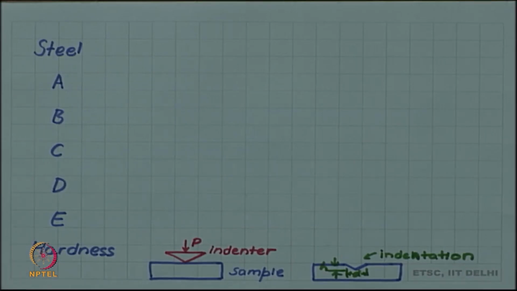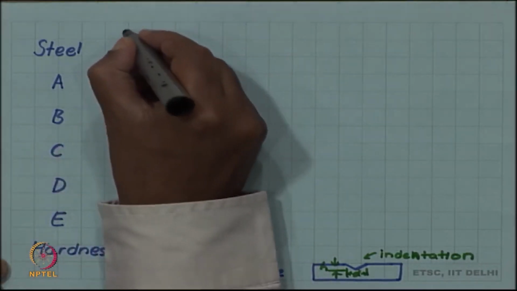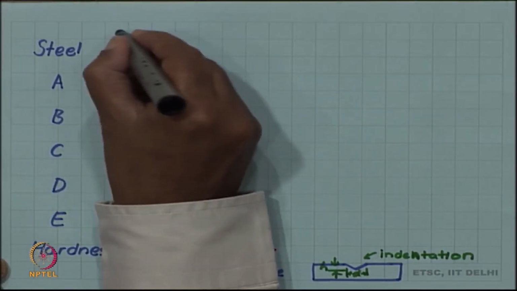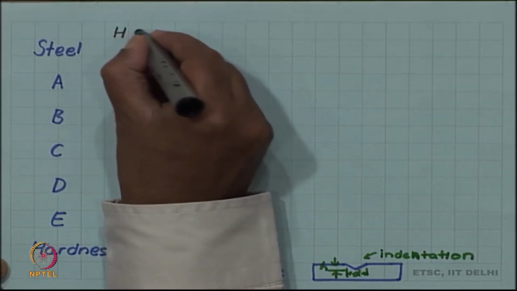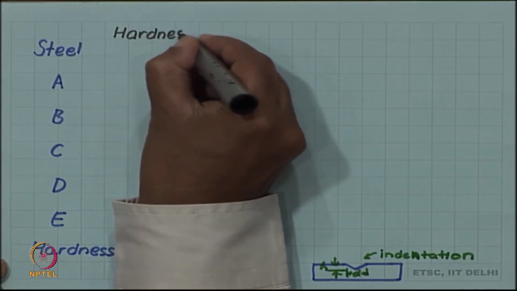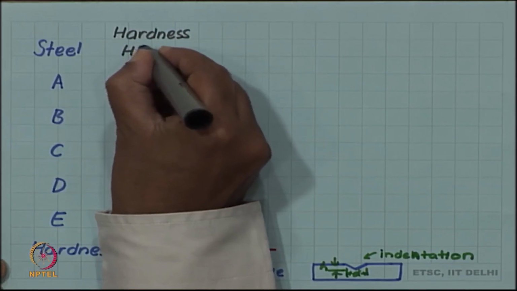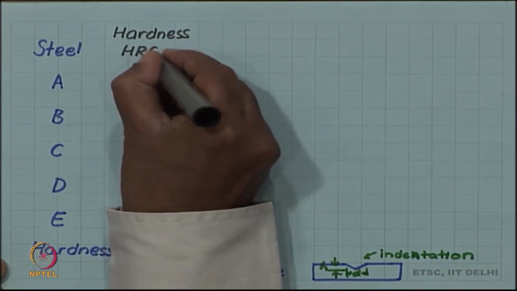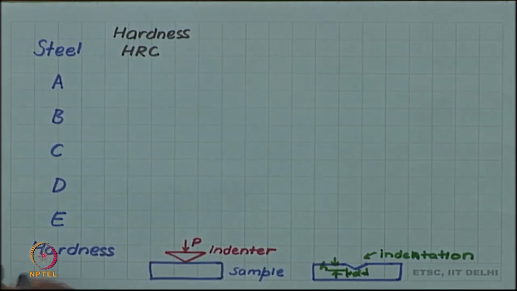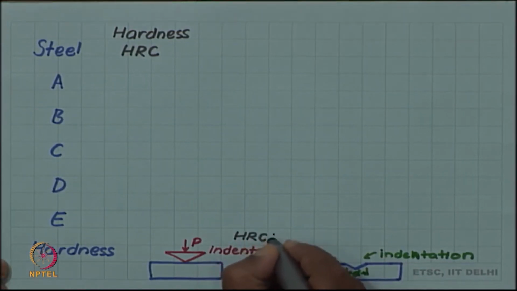Let us say that we are measuring their hardness in a Rockwell C scale, HRC. That is one of the scales of hardness.